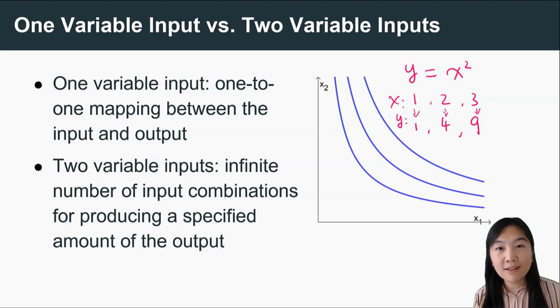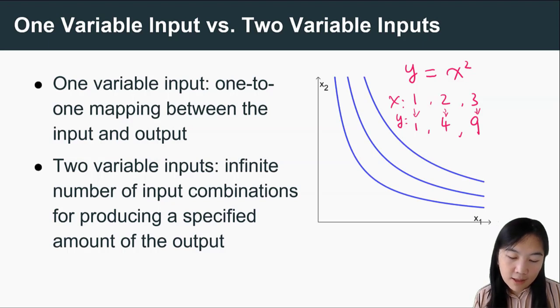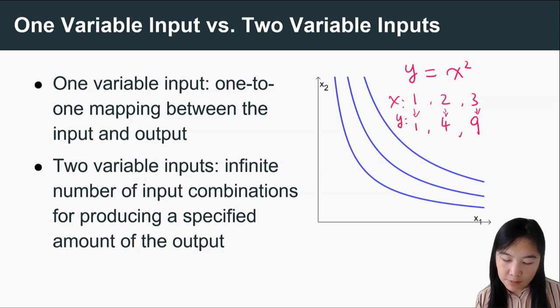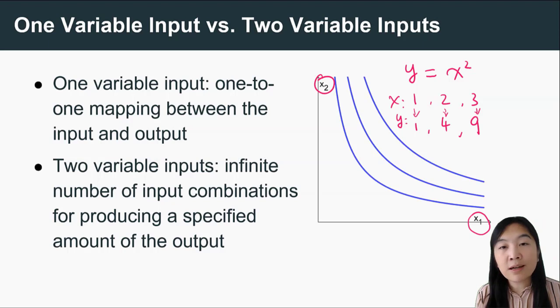However, in the two variable input case, there are actually infinitely many different combinations of inputs to produce the same level of y. So this graph is the isoquant graph that we have been using for the last several lectures. On the x axis is x1, and on the vertical axis is x2. So this is the relationship between x1 and x2. And each isoquant curve means the same level of y, so the same level of output.